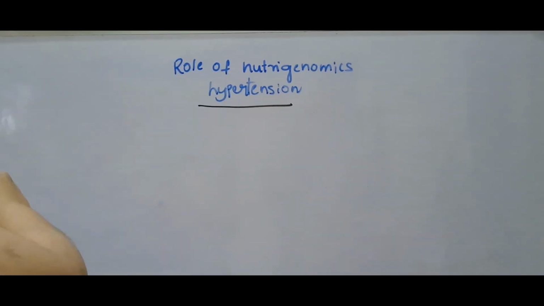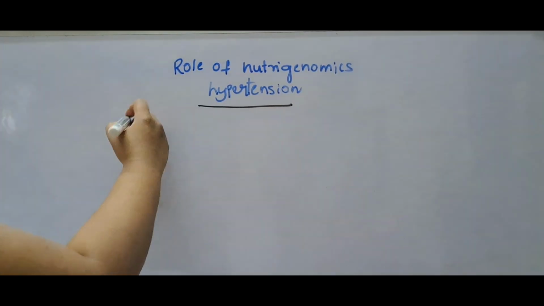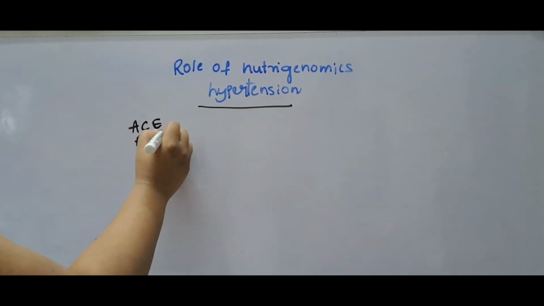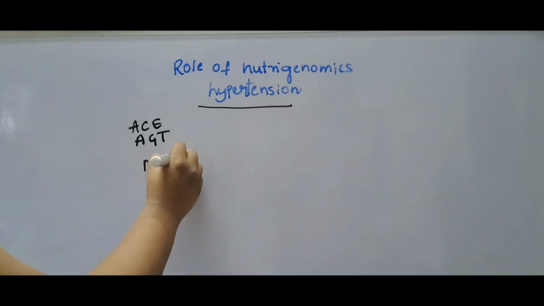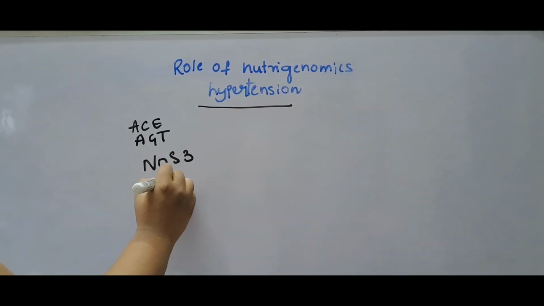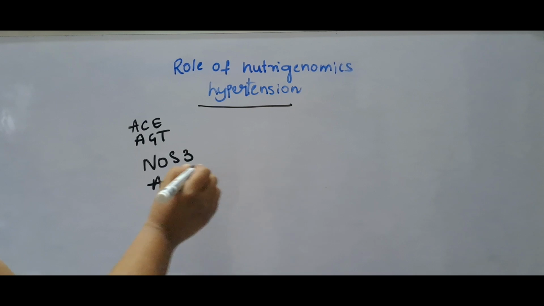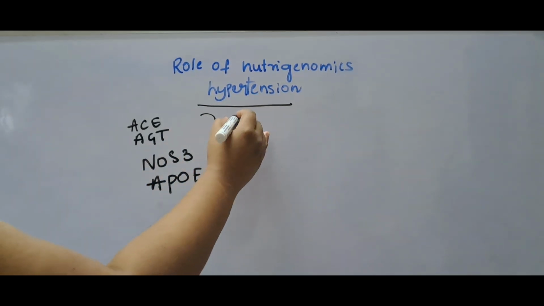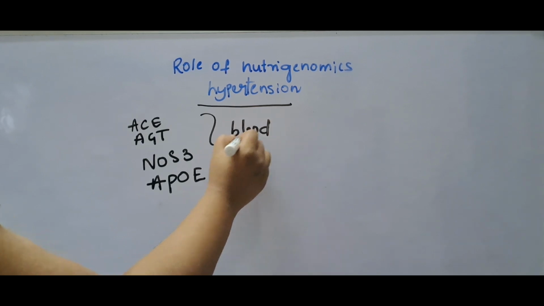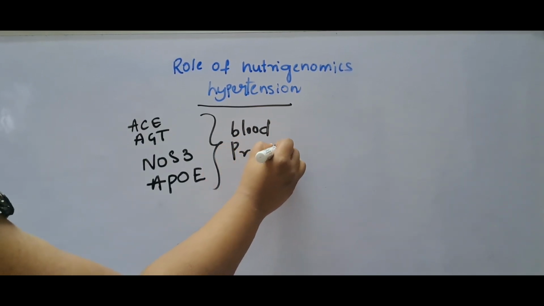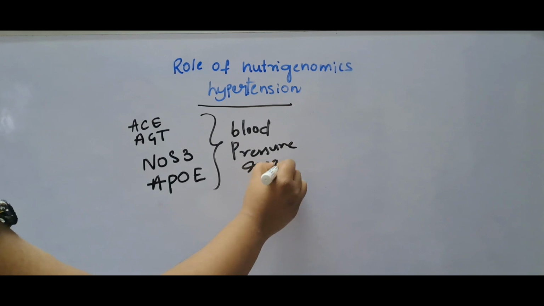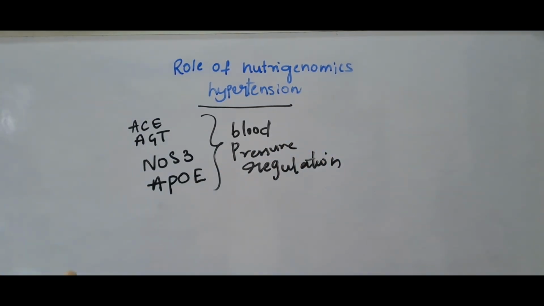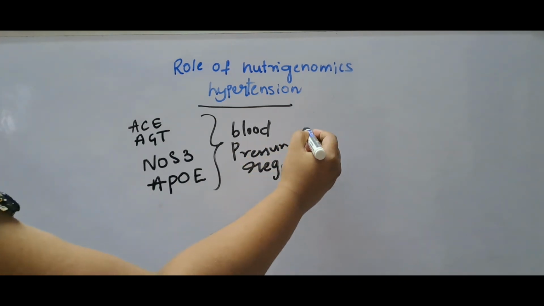Generally there is some genetic influence, with certain genes like ACE, AGT, NOS3 and APOE. These types of genes will affect blood pressure regulation, and also responses to some of the dietary factors.